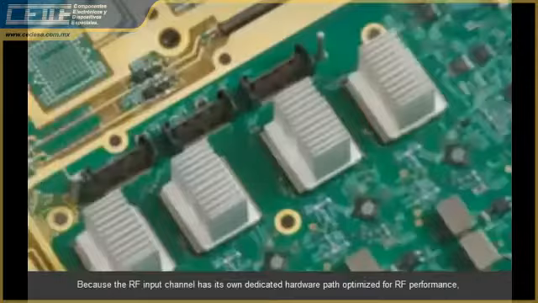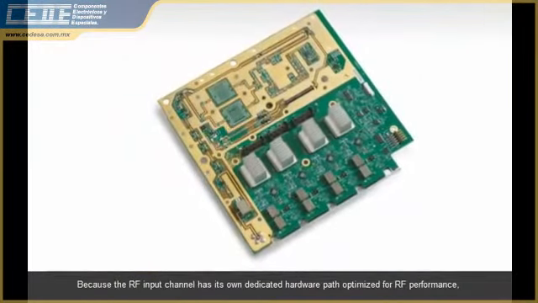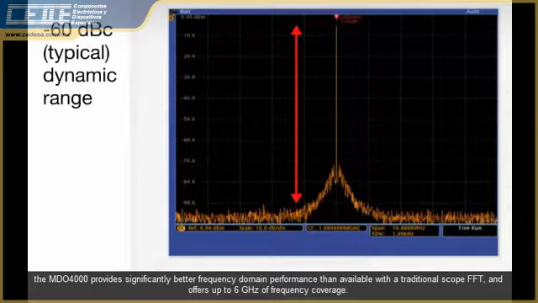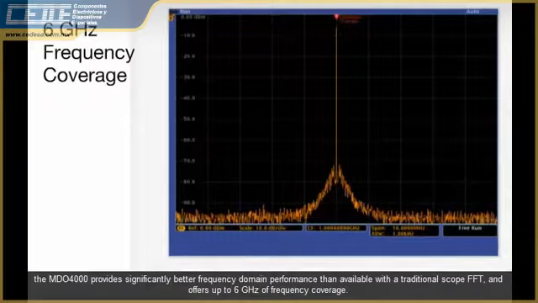Because the RF input channel has its own dedicated hardware path optimized for RF performance, the MDO4000 provides significantly better frequency domain performance than available with a traditional scope FFT, and offers up to 6 GHz of frequency coverage.